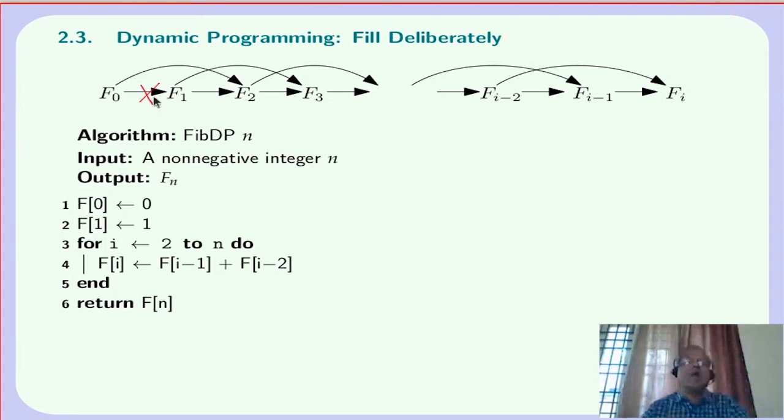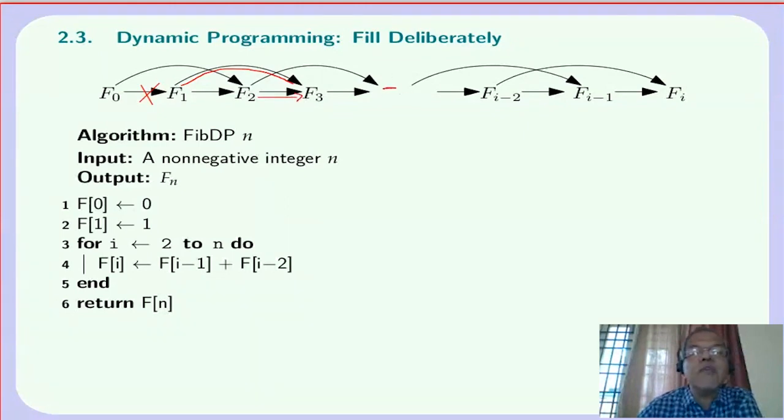I have rearranged or ordered the subproblems in such a way, and drawn arrows between the subproblems. To solve subproblem F3, I need solutions to subproblems F1 and F2. Then I have drawn arrows: F1 is needed for F3 and F2 is also needed for F3.